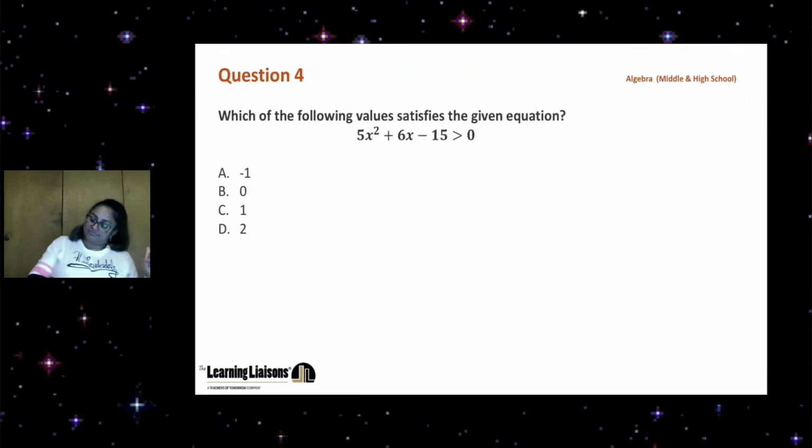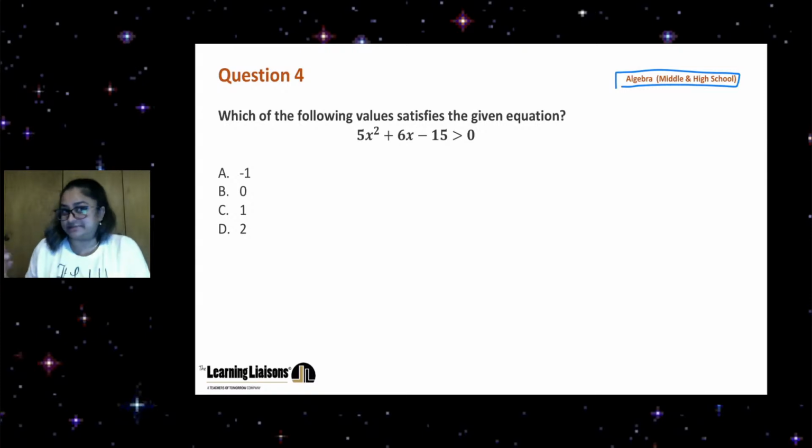Okay. Number 4, it's an inequality this time though. So it's not an equal sign. So it's like a different type of algebra. Shh, I'm lying to you. It's all the same. So which of the following values satisfies the given equation? So we noticed that I said it was an inequality.